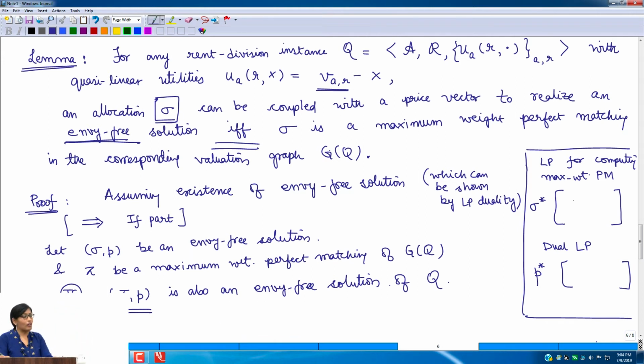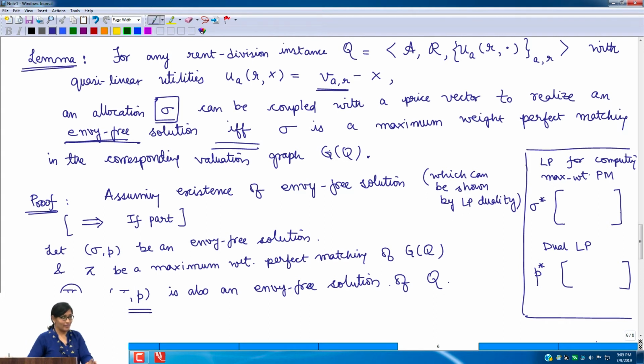You just solve the LP, and it gives you the solution. So this is a lemma which is telling you about a characterization of these solutions, and existence can come from LP duality. This is just a characterization of NV-free solutions.